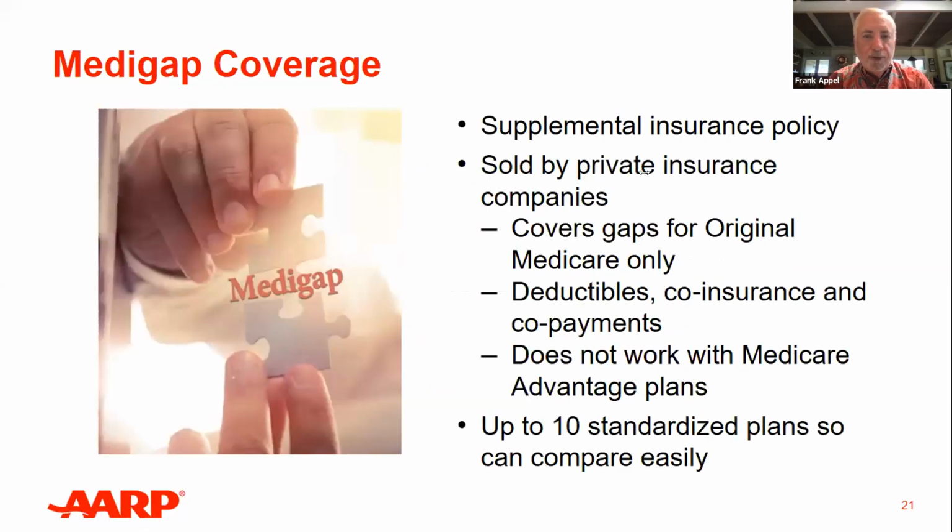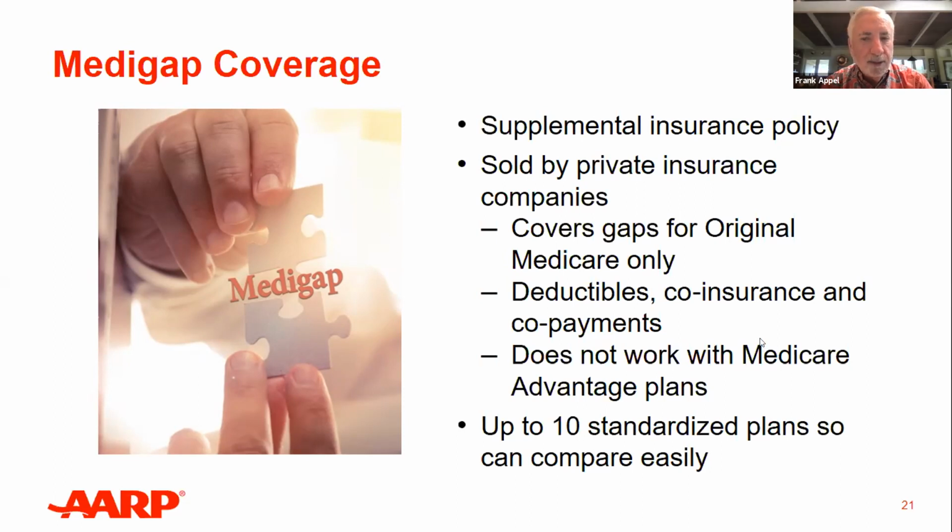Now, when you choose original Medicare, you also have an option of buying what's called Medigap coverage, or a supplemental insurance policy. These are sold by private insurance companies. They cover the gaps for original Medicare only. They don't work with Medicare Advantage plans. What these supplemental insurance policies cover is they will reimburse you for your deductibles, your coinsurance, your copayments.